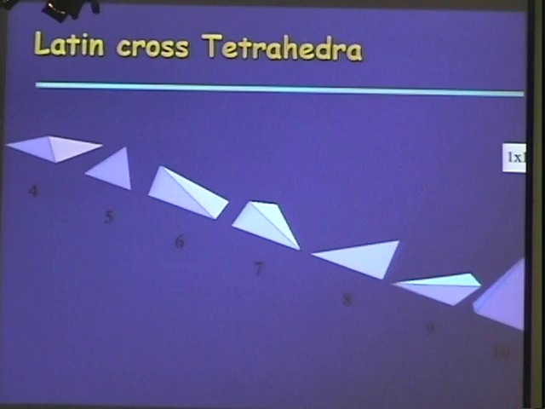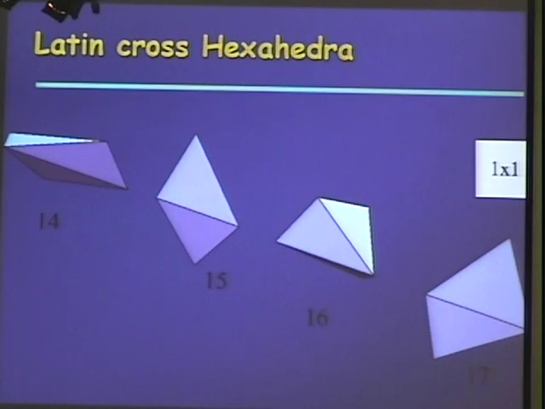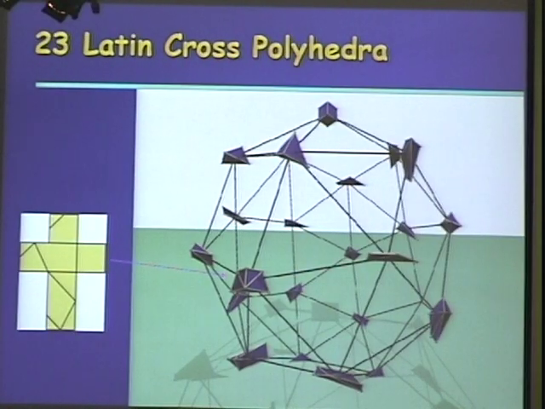You get 7 tetrahedra here. No regular tetrahedron in here. You get a few pentahedra with quadrilateral, flat faces. You get some hexahedra, 4 hexahedra, and you get 6 octahedra. And that constitutes all 23 of them.